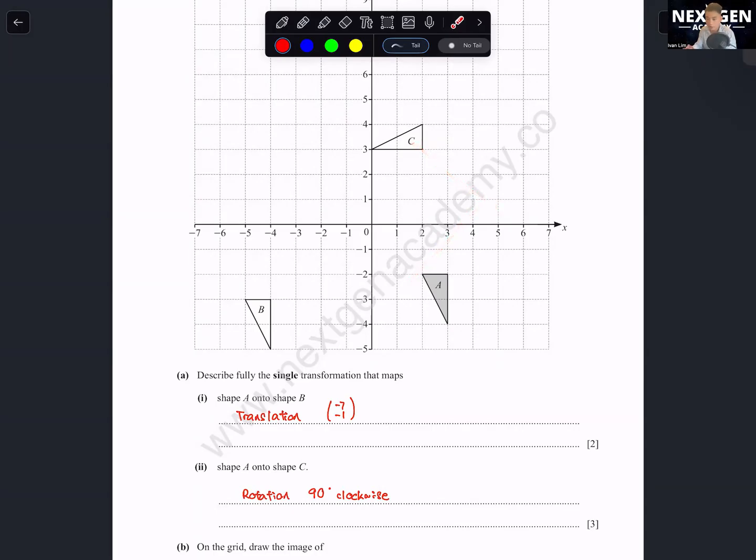The other way is you can use your triangle ruler, from your Oxford set. You can put the triangle ruler and then see where exactly it connects. So you put a corner like that. Another way is you are gonna draw the perpendicular bisector.